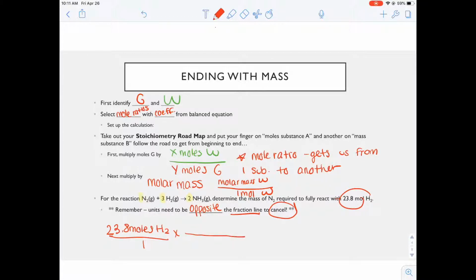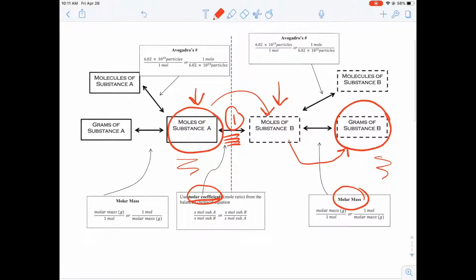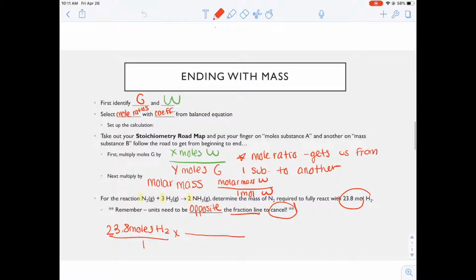Now, let's look. So we are in moles of substance A. We're right here. We need to get to moles of substance B. And the only way to cross this line is to use those molar coefficients, to use that mole ratio. So, units, we're going to take now this and plug it in here.